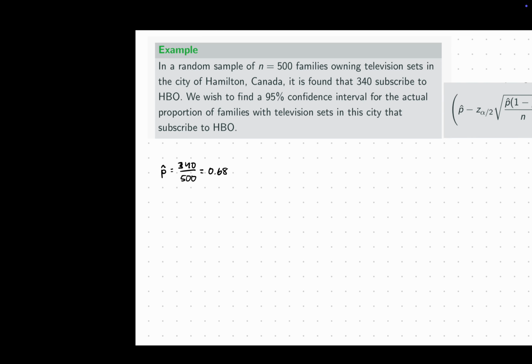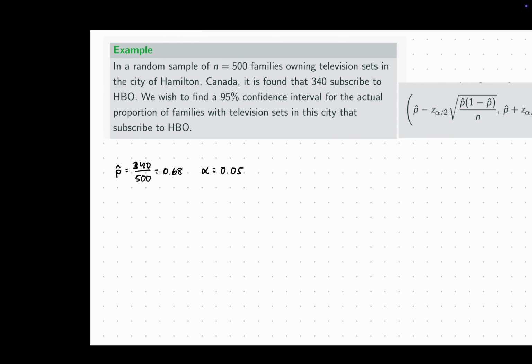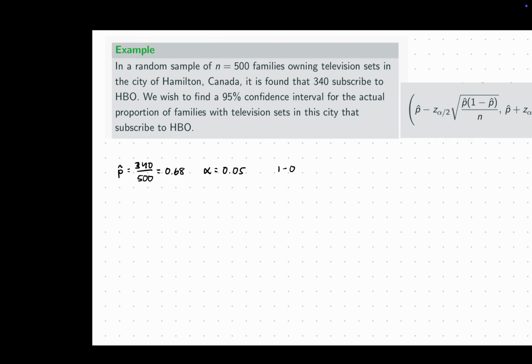And then we're looking for a 95% confidence interval, so this means that our alpha value is 0.05, because for our 95% confidence interval, 1 minus 0.05 is 0.95.